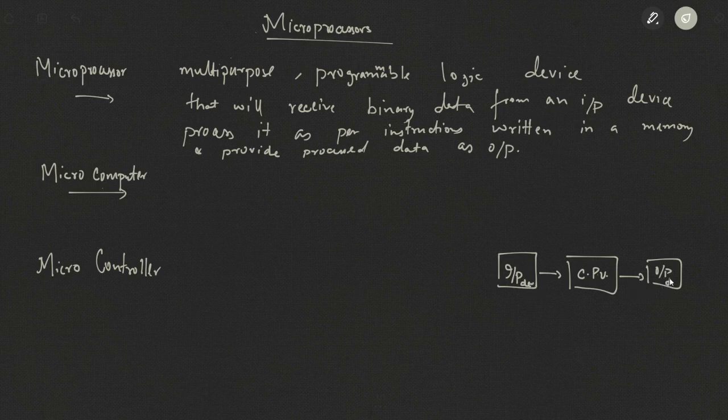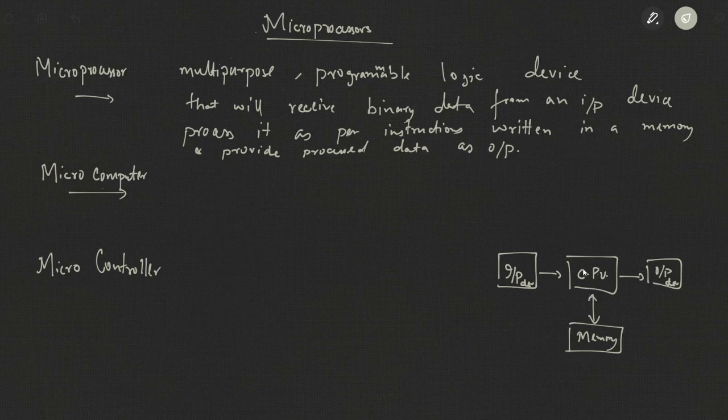This is an output device. We have the central processing unit. There will be the memory, and the double arrow here means basically you can read from the memory and you can write to the memory. Fine. So this is your basic block diagram.